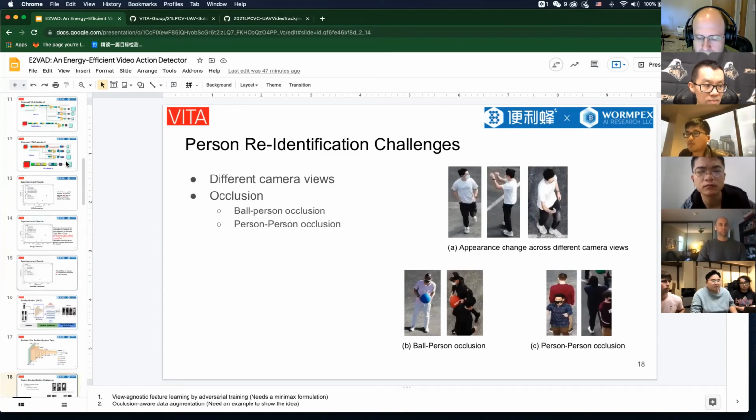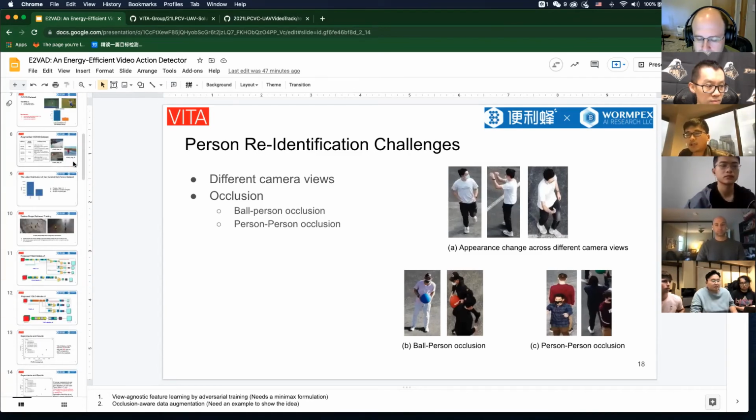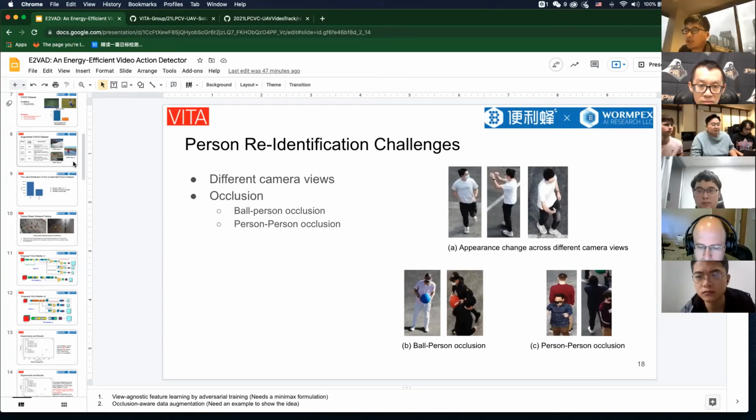Oh, good question. I read your sample solution a lot, and a lot of our ideas come from your sample solution. But we didn't adopt your tracking idea because here we want as small an energy cost as possible. If you want to do tracking correctly, it has to run on consecutive frames.